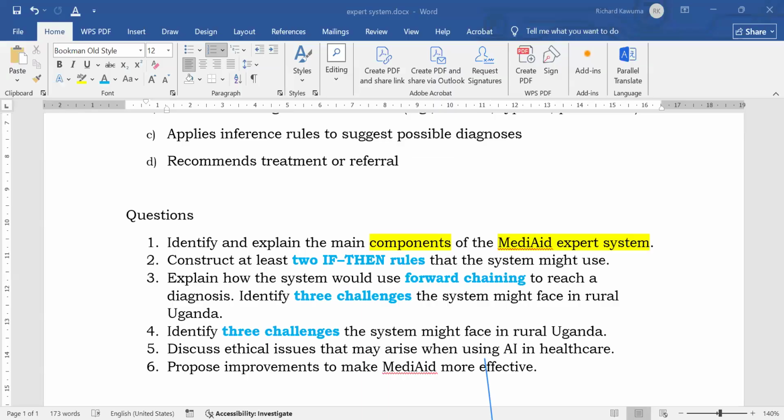User interface actually comes last. If you look at that diagram, what is the second component? Those who have the diagram. The user interface is at the end, then the inference engine.